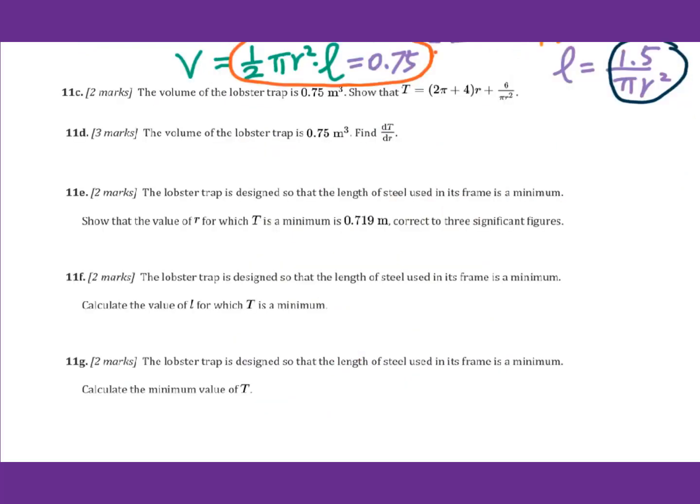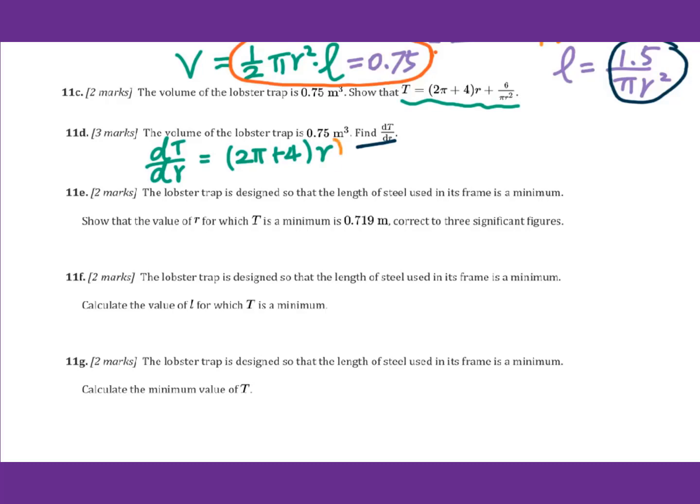Let's go to 11D. The volume of a lobster trap is 0.75 meters cubed. Find dT by dr. We know this T equals this. So we have dT by dr equals 2 pi plus 4 r.